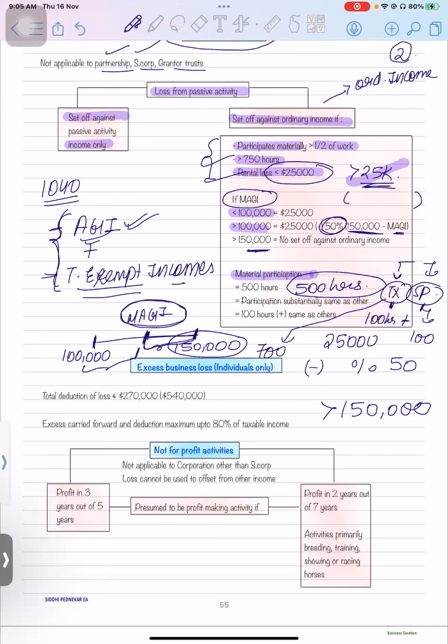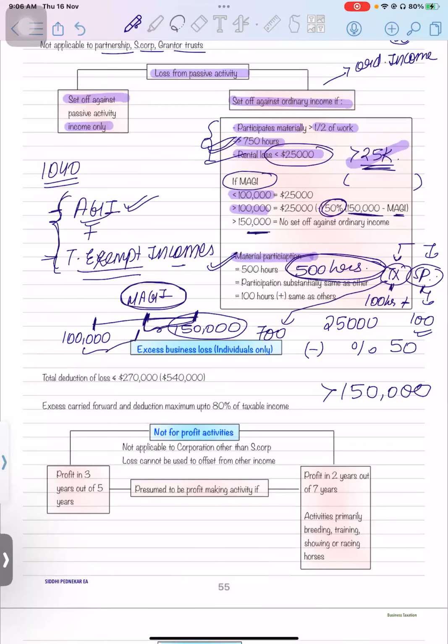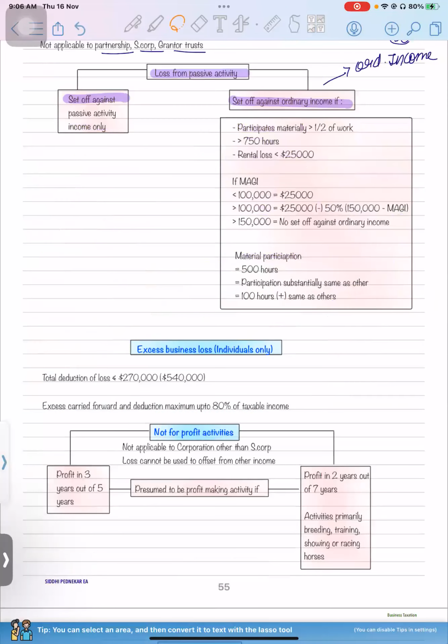Material participation means minimum 100 is fine, plus as compared to the taxpayer, she should be spending equal hours, and summing up, it should be more than 500, plus more than 750 hours. Okay, so no need to remember each and everything, just understand the sequence which we are doing right now.